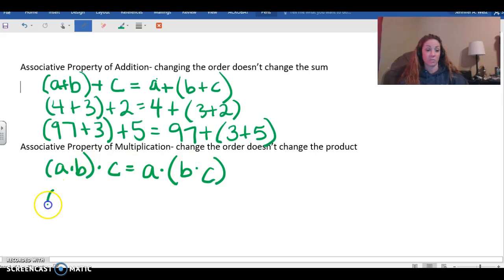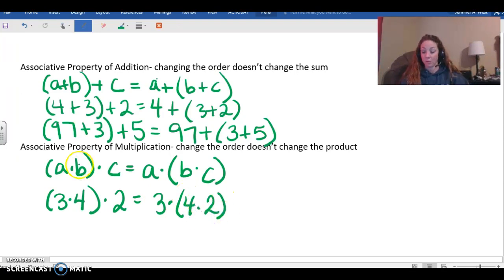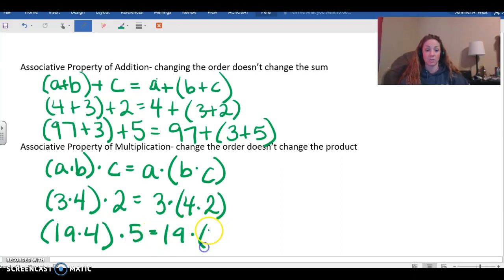So, to put in some numbers, we could have 3 times 4 times 2 equals 3 times 4 times 2. Another example, 19 times 4 times 5 also equals 19 times 4 times 5.